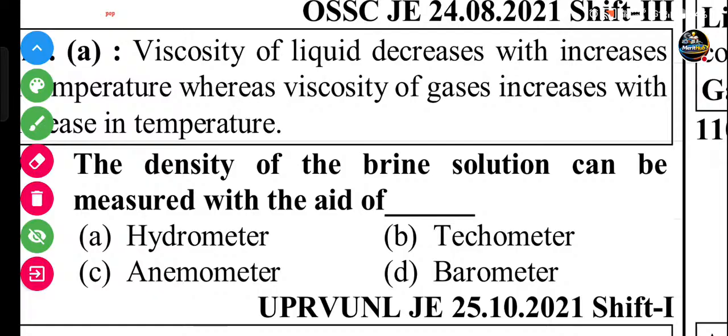Next question: the density of the brine solution can be measured with the aid of A hydrometer, B tachometer, C anemometer, D barometer. A, hydrometer.